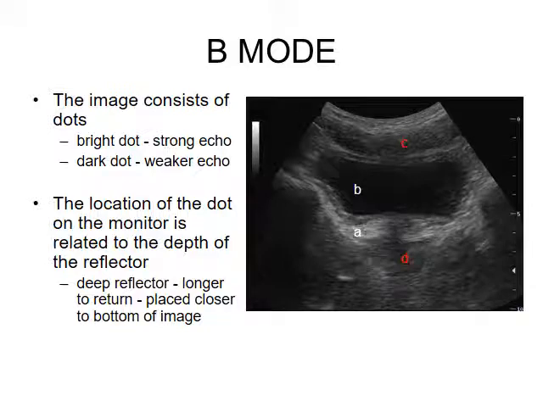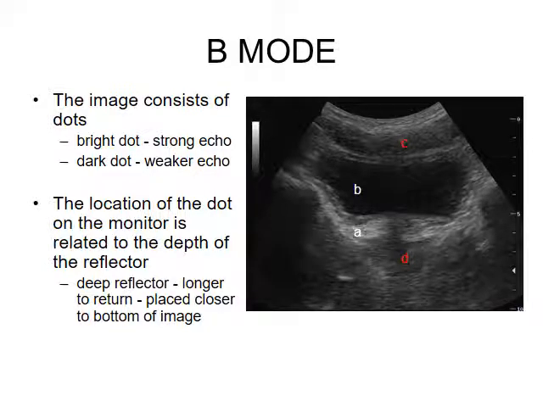Now then we have to look at, well, how does the machine know where to put a structure on the image? And that is all in relation to the time that it's taken for the echo to return.